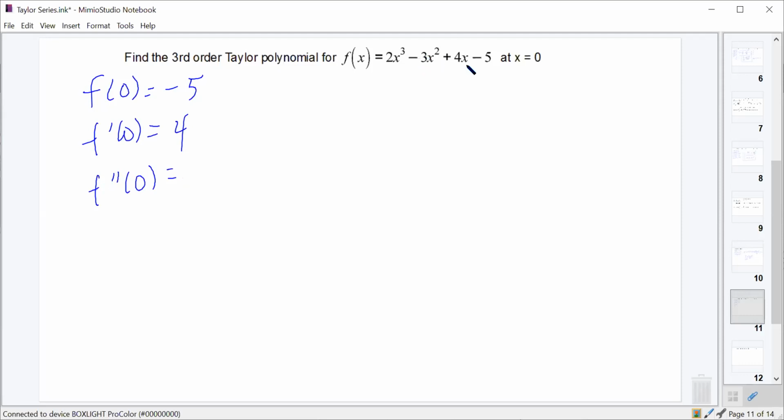We should end up with -6, right? Because we are taking the derivative. As we go down here, this becomes 6x squared minus 6x plus 4, right? And this becomes 12x minus 6, and then this becomes 12. So what's our third derivative? Should be 12. Everybody good with that? People at home good with that?